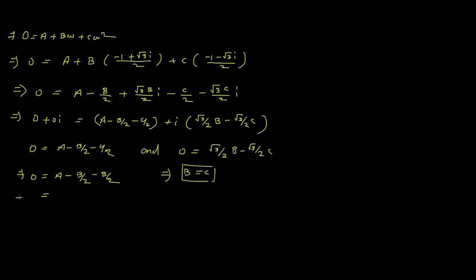So this is 0 is equal to A minus B. From here we got A is equal to B. So we are getting A is equal to B is equal to C.